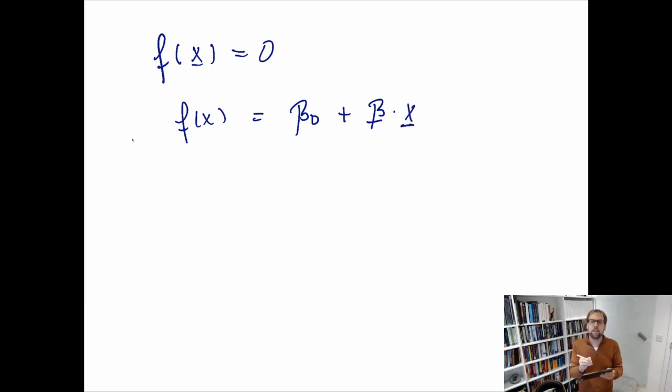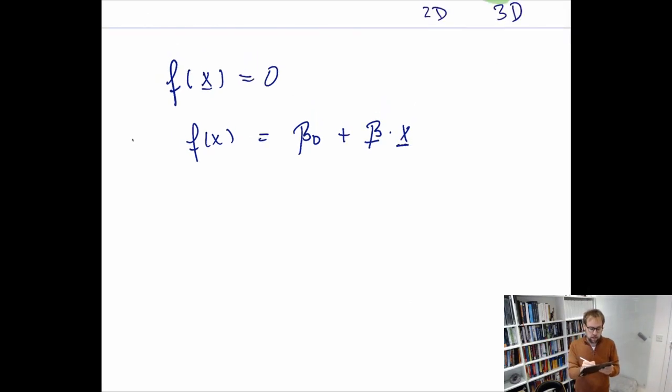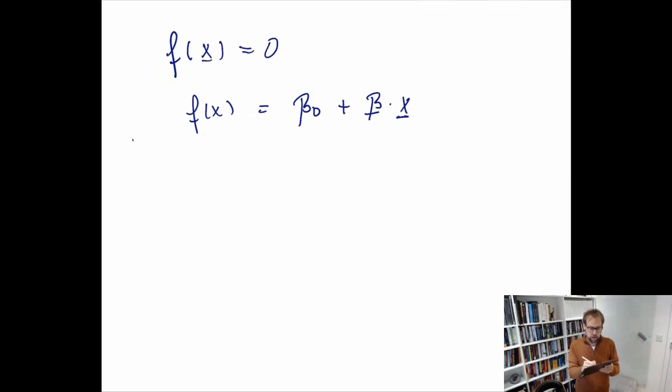Let's recall that those betas I have found using my optimization procedure, and that by this dot I just mean the standard dot product. You might also write transpose here if that's clearer. So it's just the standard vector product, which is basically row vector times column vector.